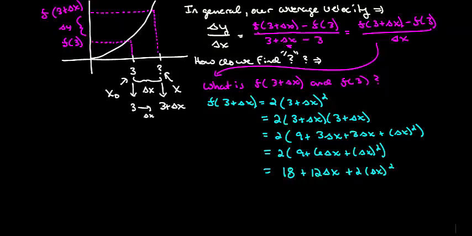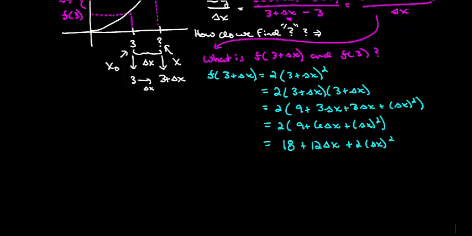That is f at 3 plus delta x. Now we need f at 3. Let's grab green here, make it a different color. So 2 times, plug in 3, so 2 times 3 squared. That's going to be 2 times 9, which we figured out in the last videos was 18.